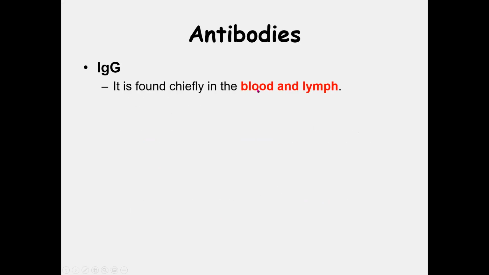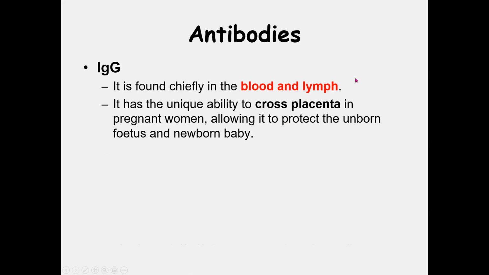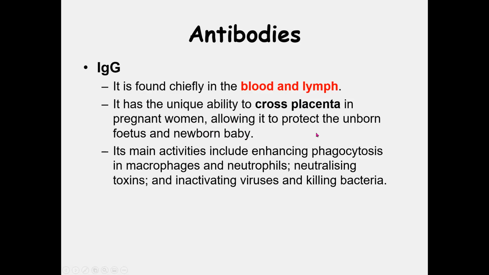The IgG is in blood and the lymph, and it can cross the placenta in pregnant women, allowing it to protect the unborn fetus and the newborn. So they're already born with these antibodies, and they're involved in phagocytosis.